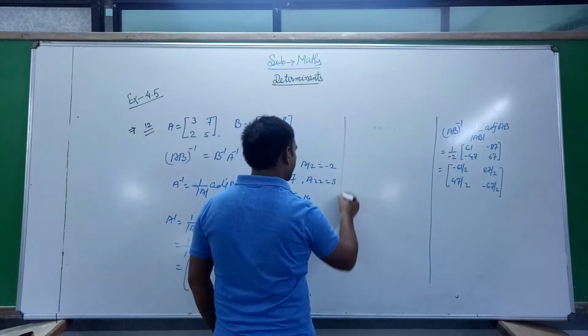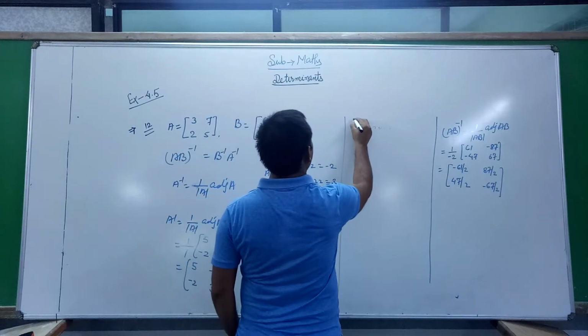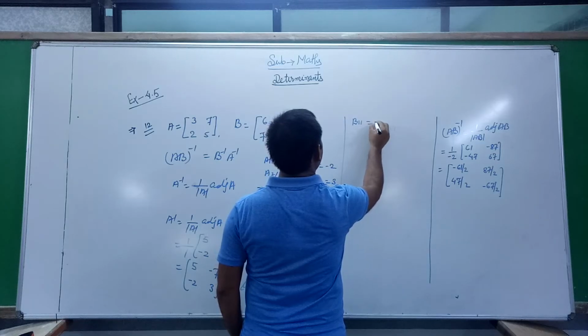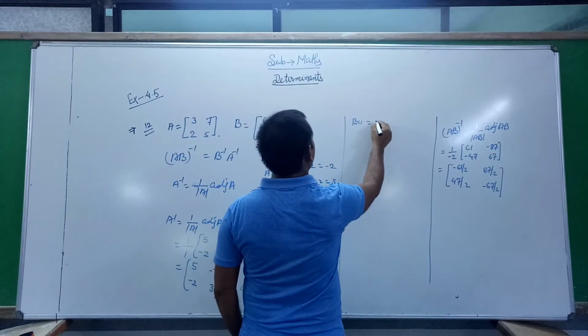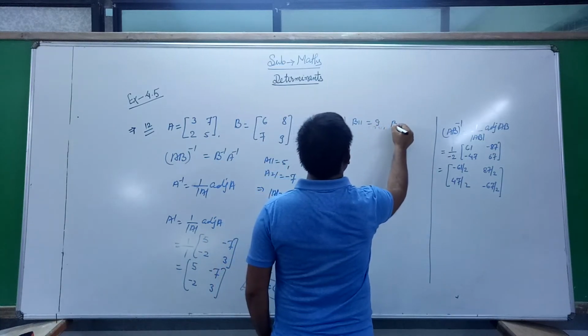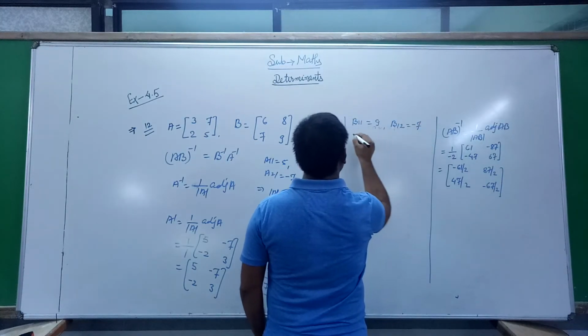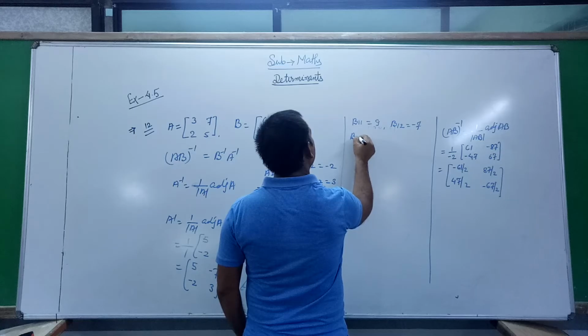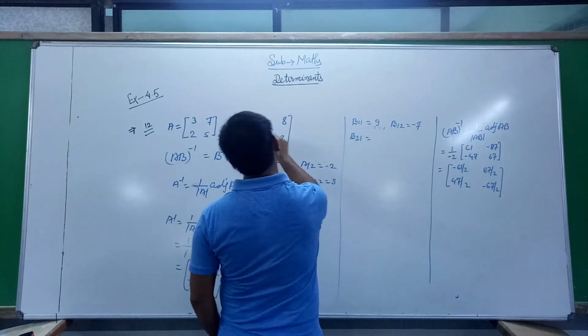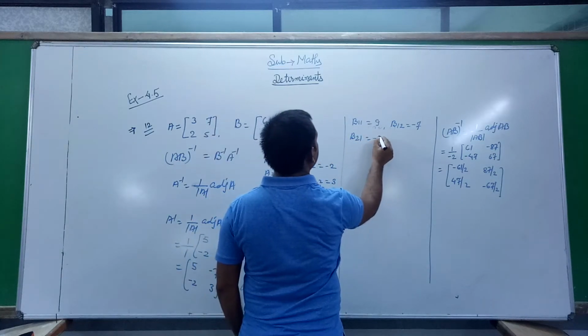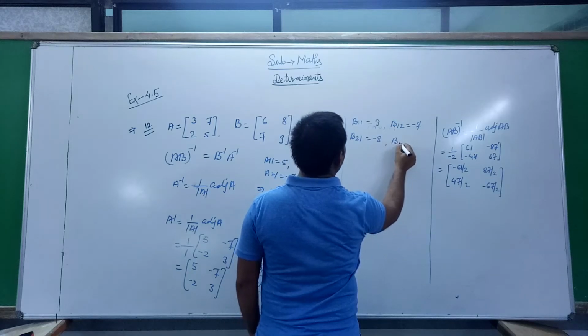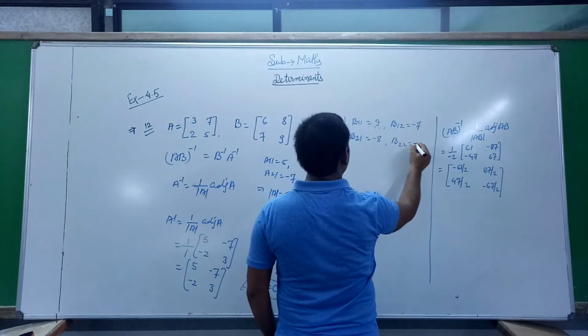So you find B11, that is equal to 9, B12 that is equal to -7, B21 that is equal to second row first column, that is -8, and B22 that is equal to 6.